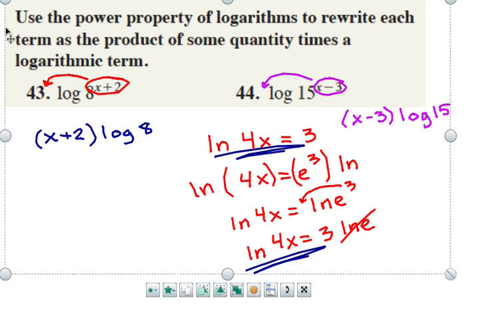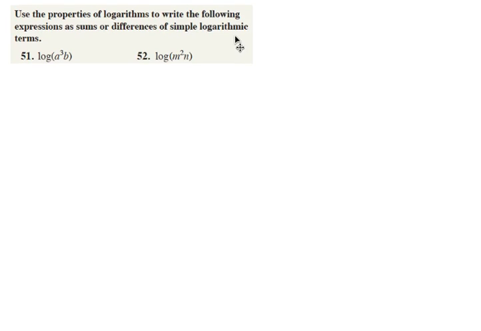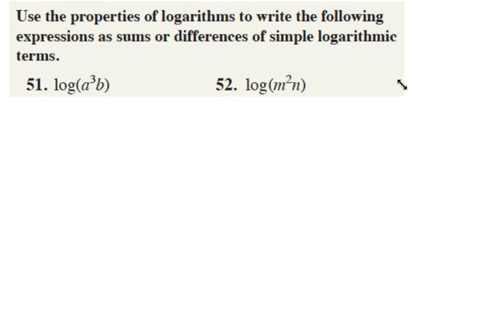Now I think the last piece is the expanding back out. Okay, so we kind of looked at the idea that if I have two logs added together, we could multiply them internally.